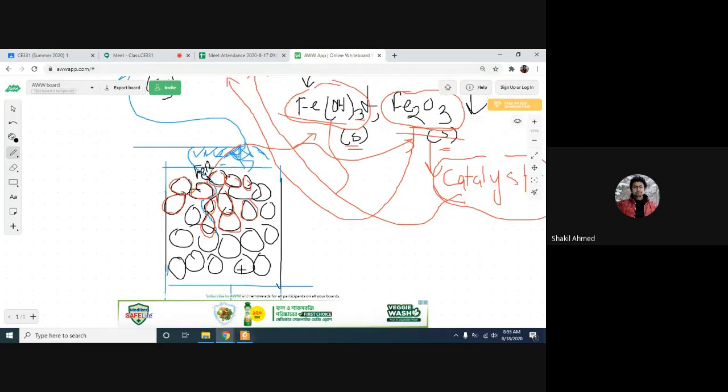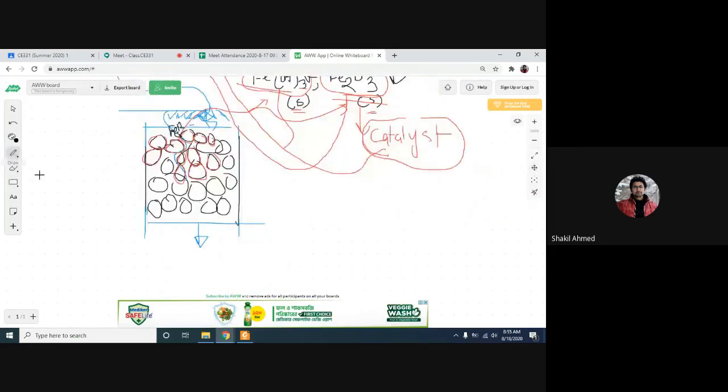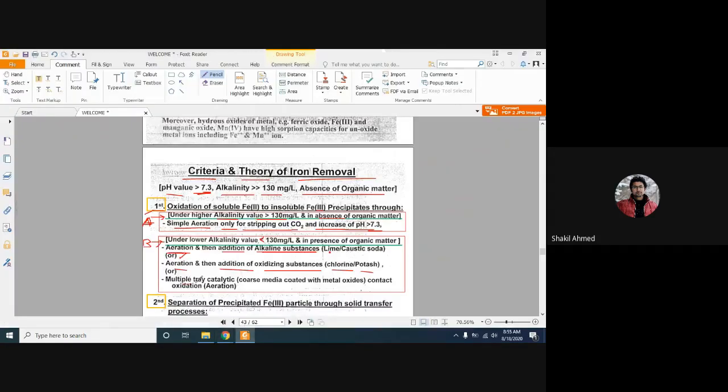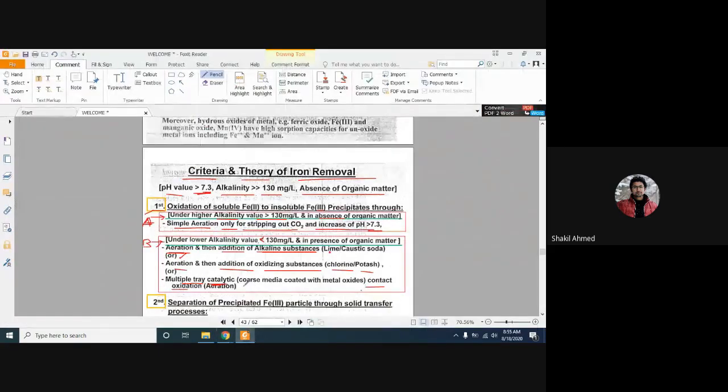This is one layer, but you can use multiple layers. So they call it multiple tray catalytic contact oxidation. Catalytic, because these are the catalyst. So, catalytic contact oxidation: coarse media coated with metal oxide.